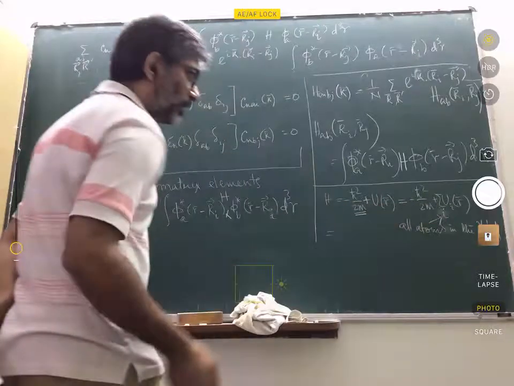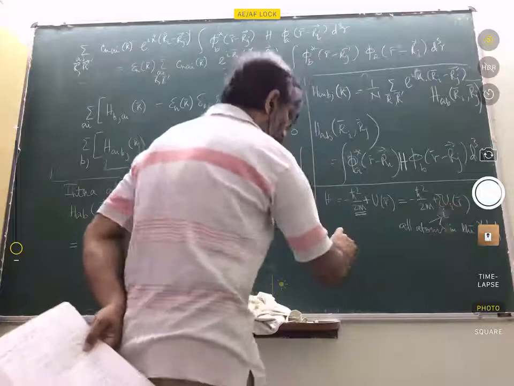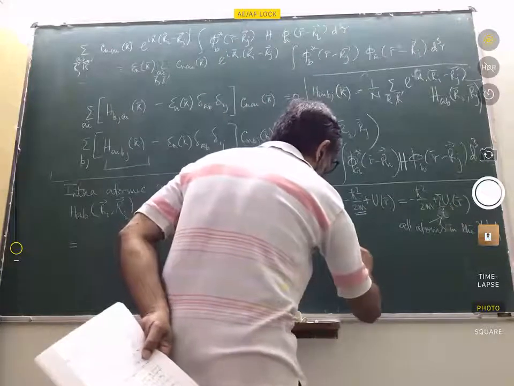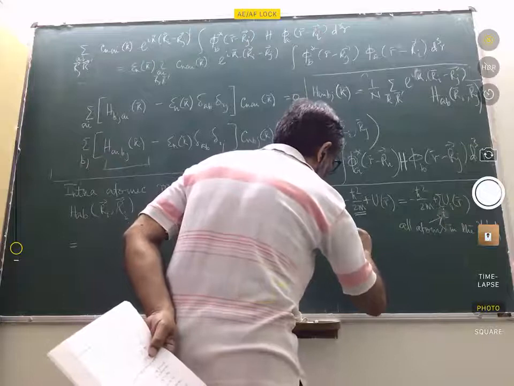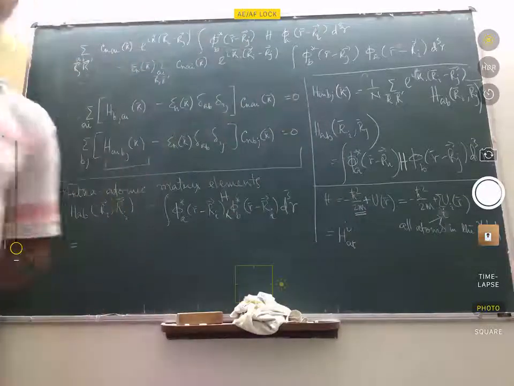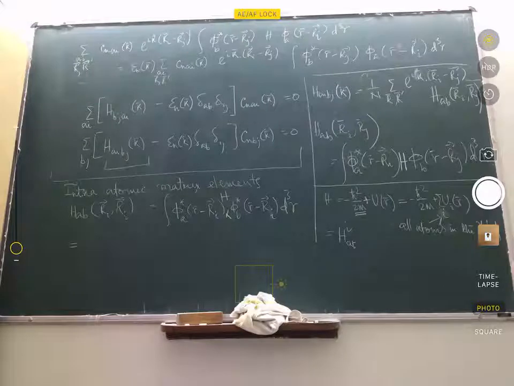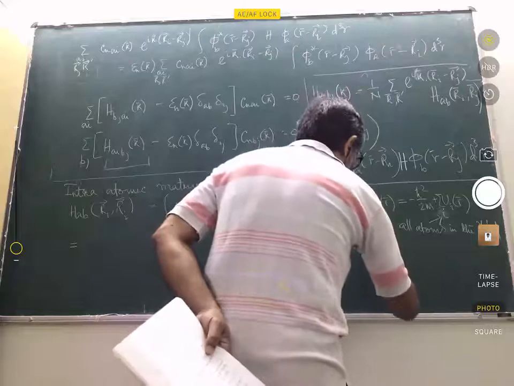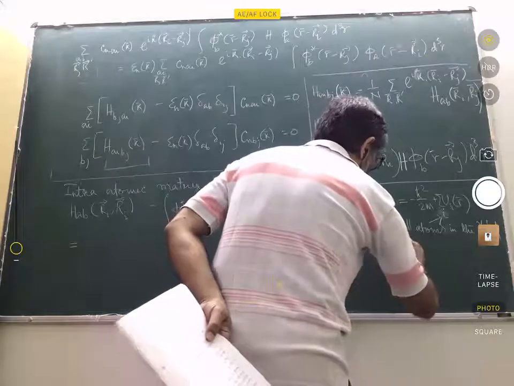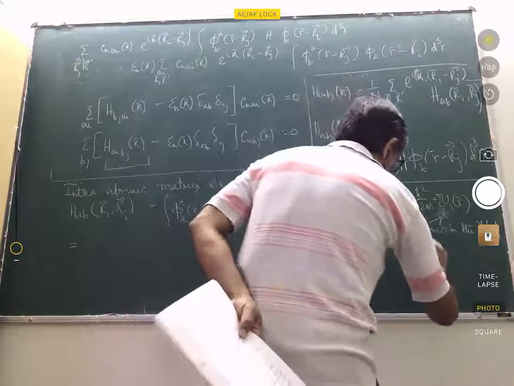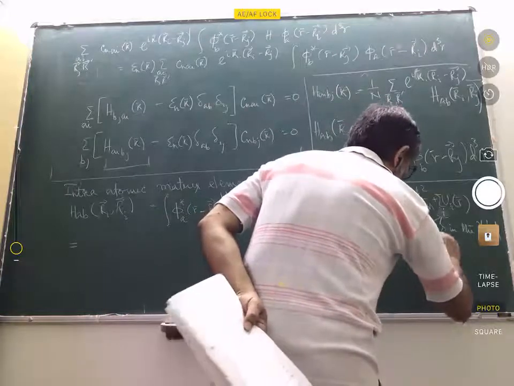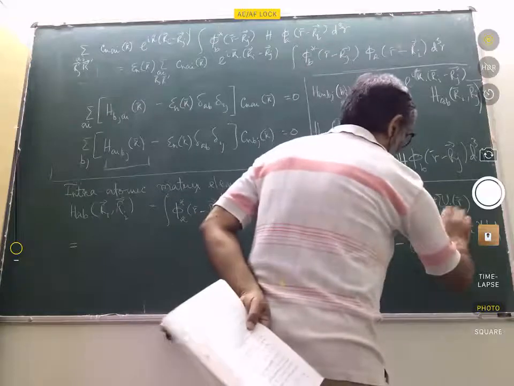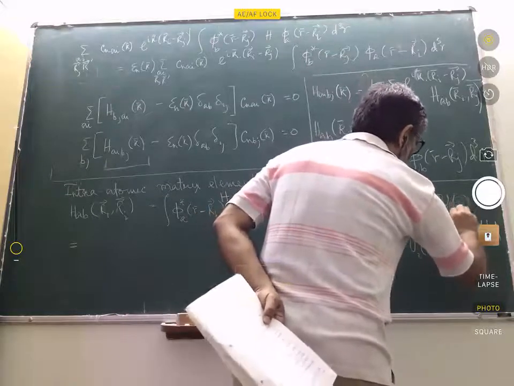Then I can write that part simply as the atomic Hamiltonian for the ith atom, the atom sitting at capital Ri. That's my H atomic I plus the full U of R minus, bad indexing, let me call this J.